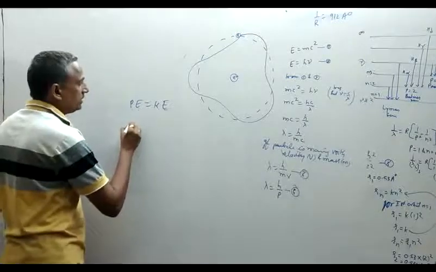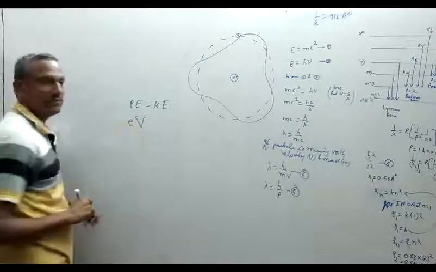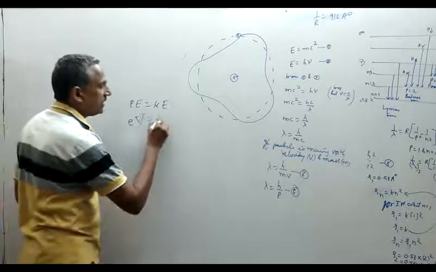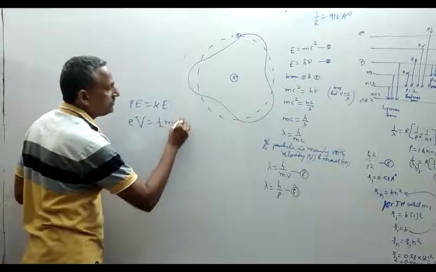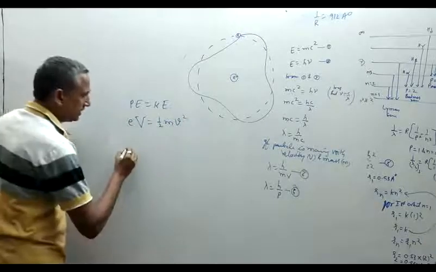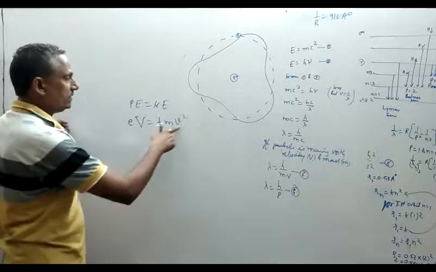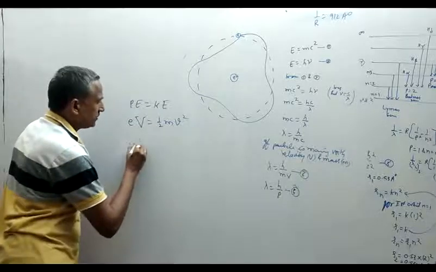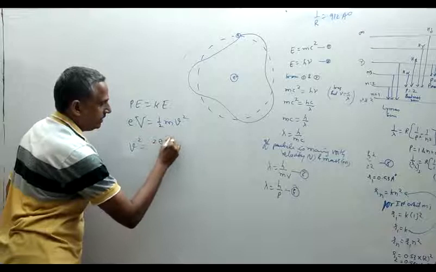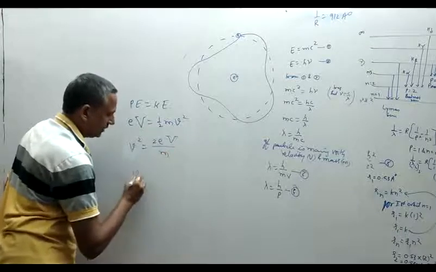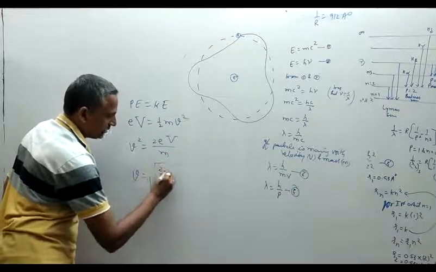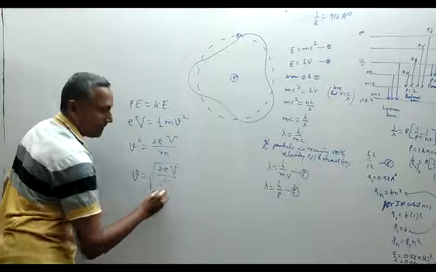So here the potential energy is represented by eV and kinetic energy is represented by half mv square. So the velocity of the electron can be calculated: v square is twice eV upon m. Therefore v is equal to under root of twice eV upon m.